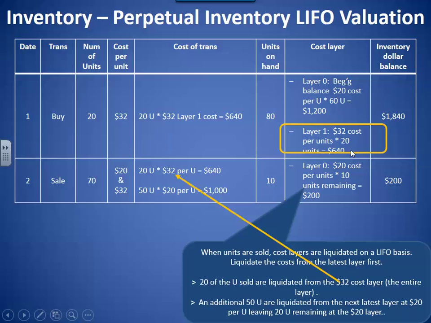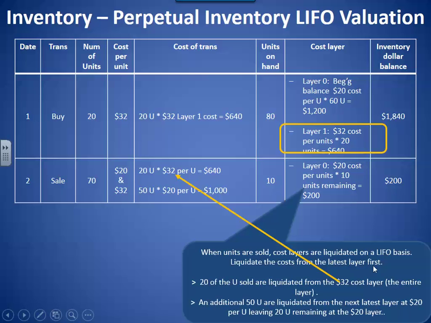So the most we can liquidate from that layer is 20 units times $32. So part of the cost of that transaction now is $640, and it shows down here 20 of the units sold are liquidated from the $32 cost layer, which by the way is the entire layer, since that was all 20 units. So now we still have 50 more units that we have to cost.